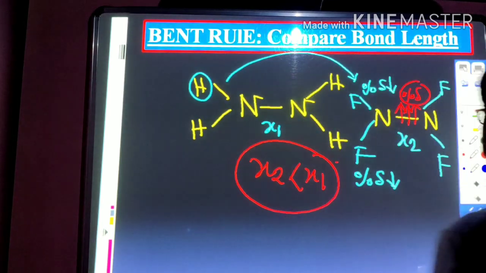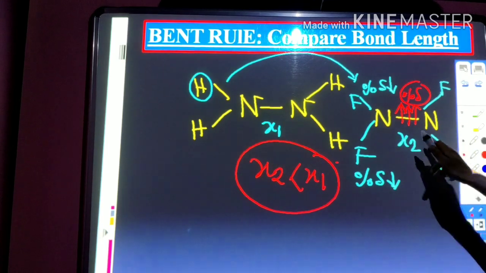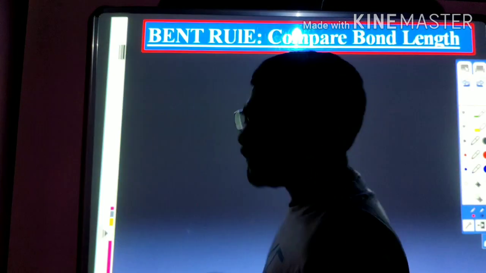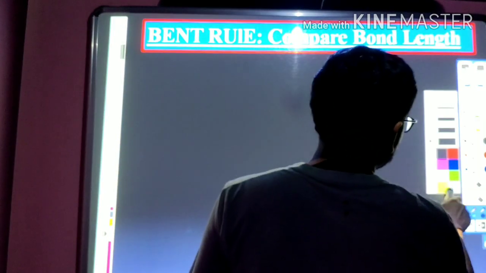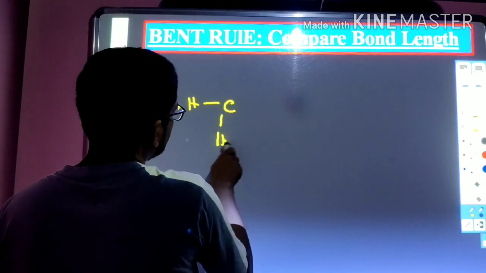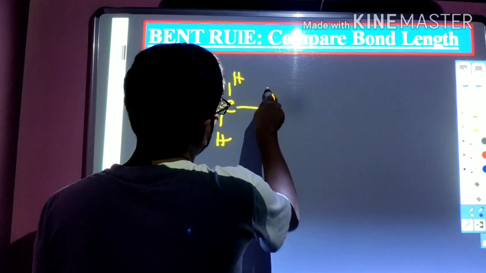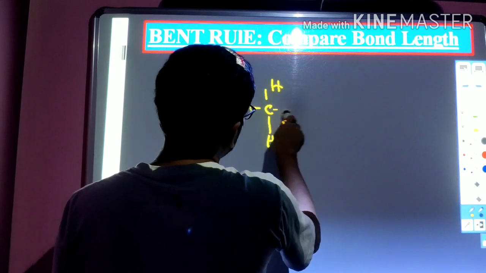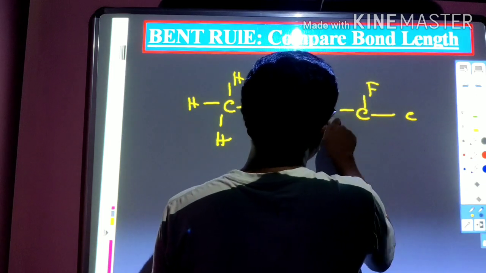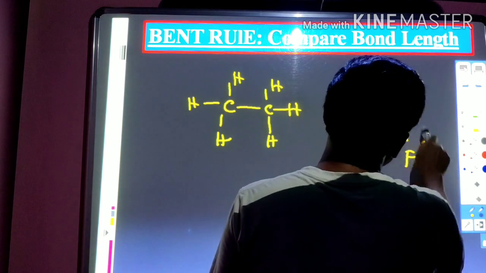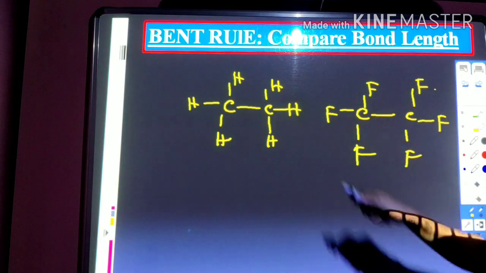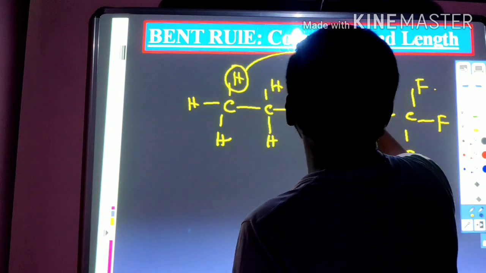Move to the next example. This is the example: C2H6 and C2F6. Very simple, now it will be very simple to do. Hydrogen is replaced by fluorine.